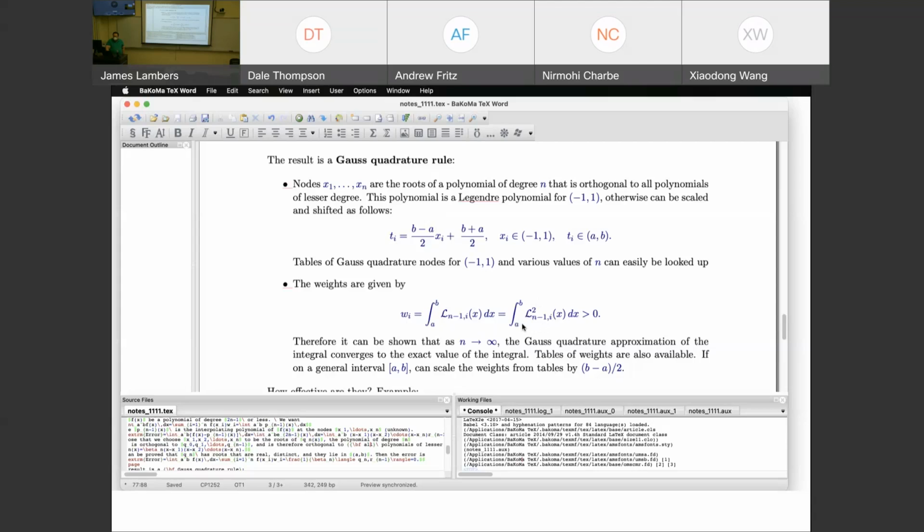Because if the weights come from the integral of a non-negative function, a Lagrange polynomial squared, that tells us that the weights are strictly positive. That's very important. I've mentioned before that if you have a quadrature rule with negative weights, it's not going to be very accurate. We'd like to have positive weights. So now we see that for a Gauss quadrature rule, that can be guaranteed.